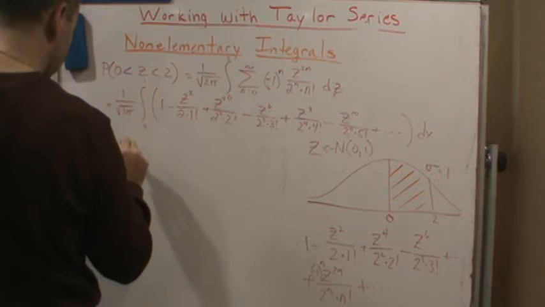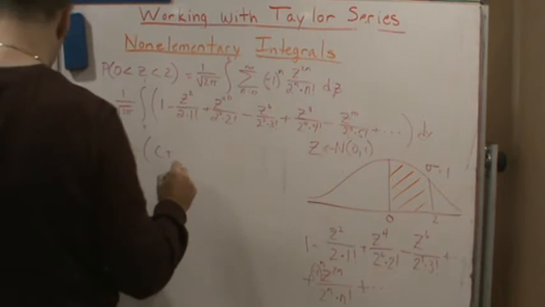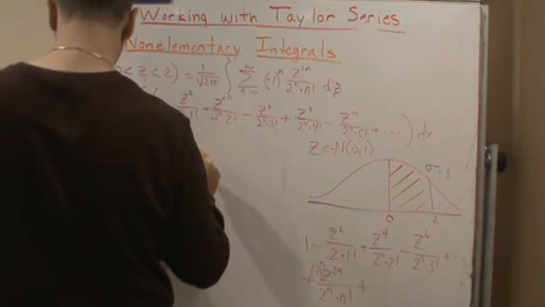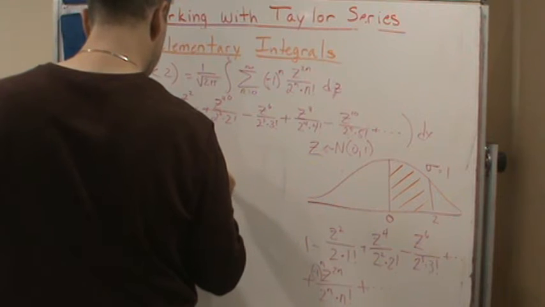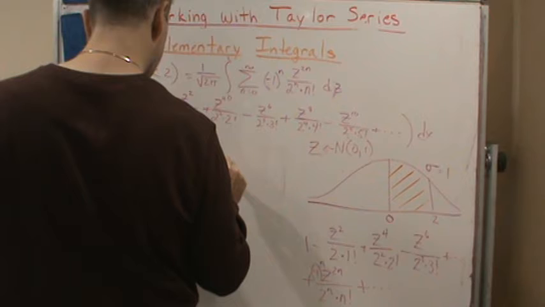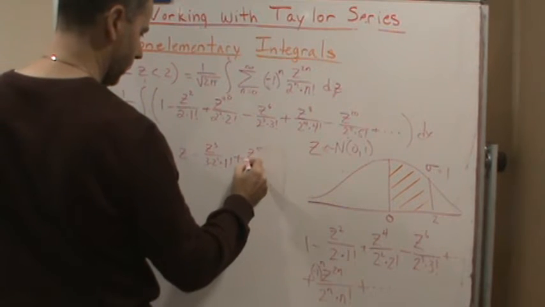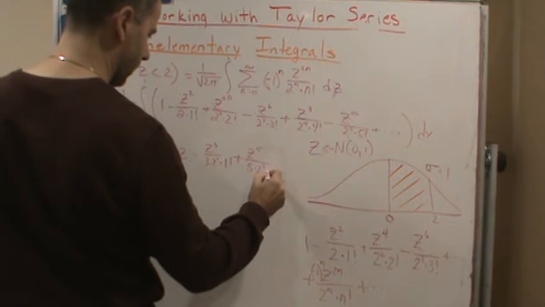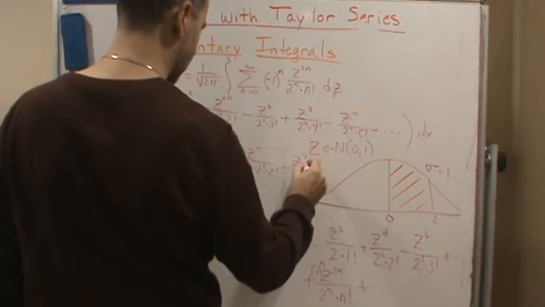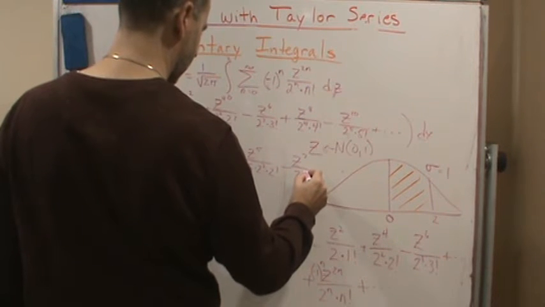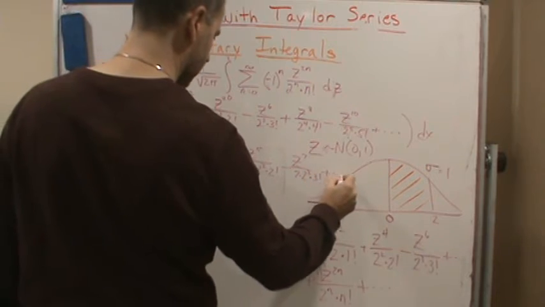And we're going to get 1 over the square root of 2 pi times c plus z minus z cubed over 3 times 2 to the 1st power times 1 factorial, and then plus z to the 5th over 5 times 2 squared times 2 factorial, minus z to the 7th divided by 7 times 2 to the 3rd times 3 factorial plus, and so on.